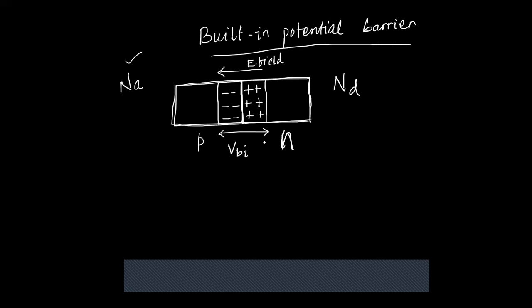Now the question is, quantitatively we are going to see what this built-in potential barrier is, in terms of the known variables, how we can write it.